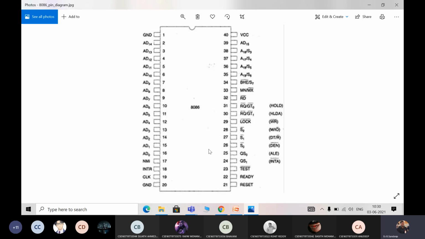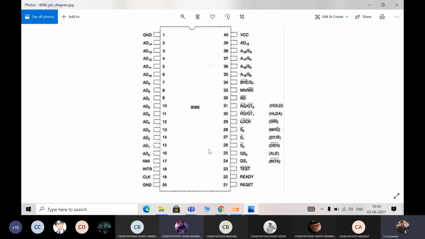AD0 to AD14, what are the pin numbers? They range from 16 down to 2: 16, 15, 14 and so on, from pin 2 to pin 16.